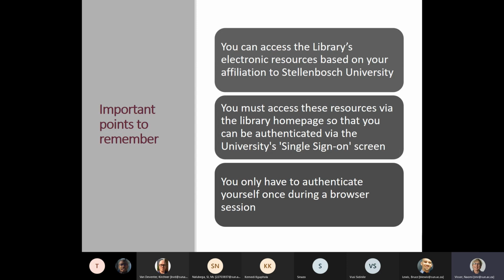However, if you're not on campus, we need a different way to that, and that is why you have to go via the library homepage and follow a certain procedure so that you can be authenticated via the university single sign-on screen. So if you go directly to Science Direct, for example, you won't necessarily be recognized, so you have to follow the specific route.